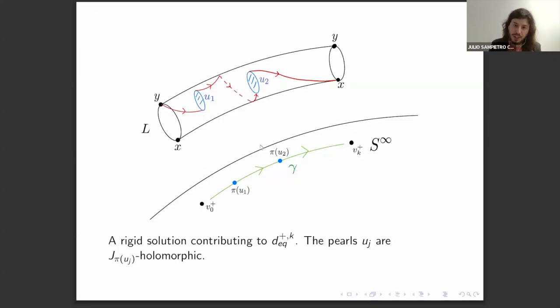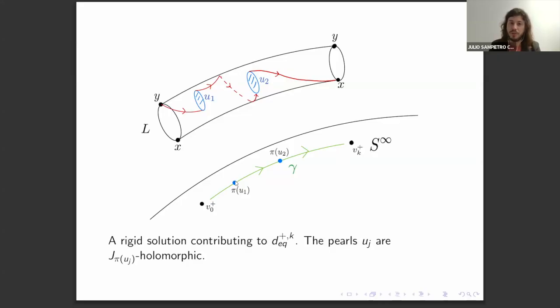So here is a picture. So I have gamma downstairs in S infinity. And above it, I have a sort of domain-dependent vector field, a family of vector fields. And I can flow. And eventually, at some point, I may decide to make a holomorphic jump. What holomorphic structure do I use? Well, it's simple.